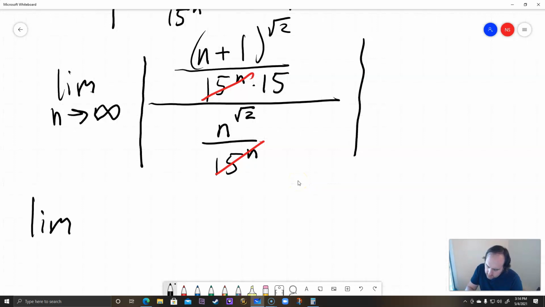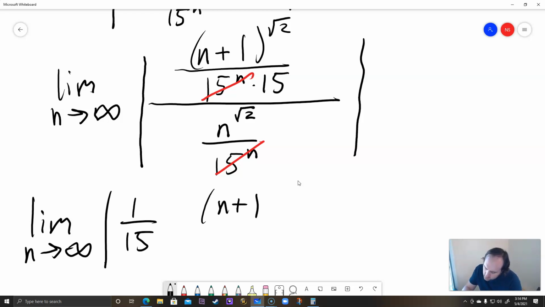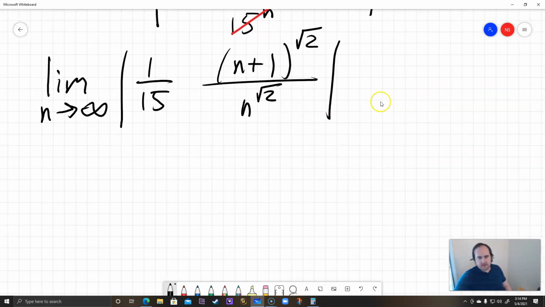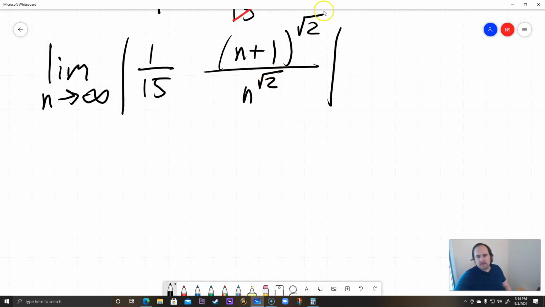Okay, so we have the limit as n goes to infinity of absolute value of 1 over 15 times n plus 1 to the root 2 over n to the root 2. And even though we have this strange exponent, which is actually the square root of 2, because these exponents are the same, we can actually factor the root 2 outside of the fraction.